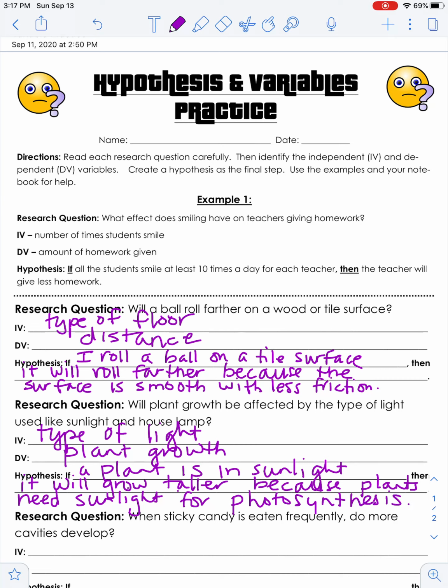Okay, so that's what I think is going to happen. So I would set up an experiment where I would have one plant in the sunlight, like in the windowsill, and one just under a lamp.